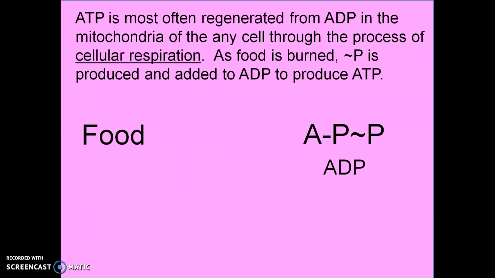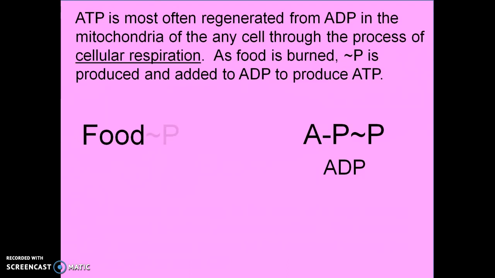So ATP is most often regenerated from ADP in the mitochondria. And the process that's going to regenerate your ATP is called cell respiration. That's where we're going to spend a lot of our time towards the end of this chapter. As food is burned, your high energy phosphates are produced and added to the ADP to give you ATP.